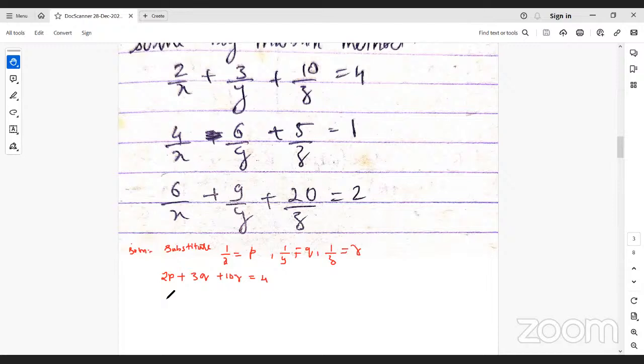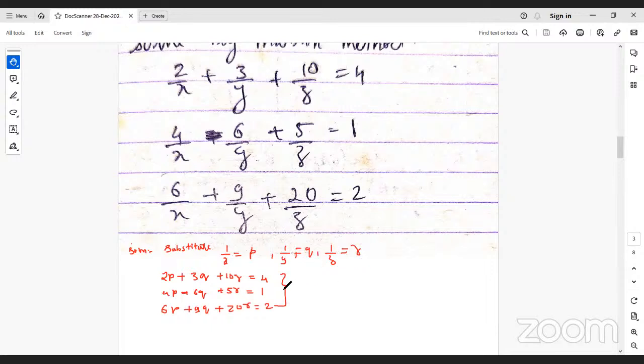Then 4p minus 6q plus 5r is equal to 1, and 6p plus 9q minus 20r is equal to 2. These are the new equations we have obtained by substituting 1 by x is equal to p, 1 by y is equal to q, and 1 by z is equal to r.